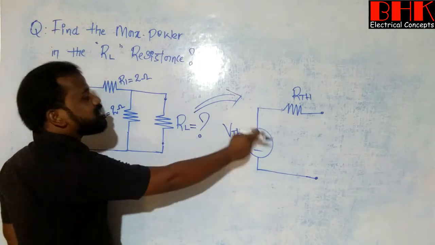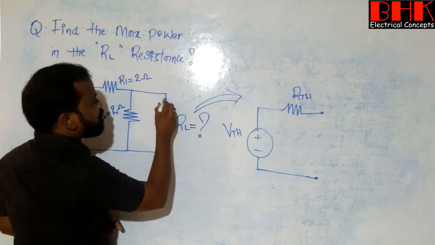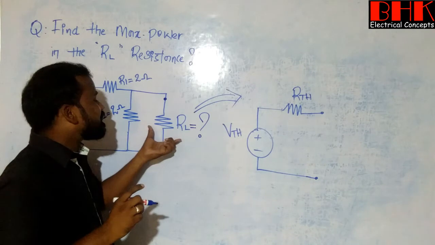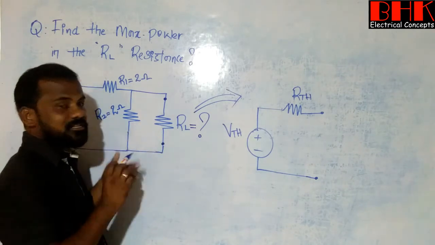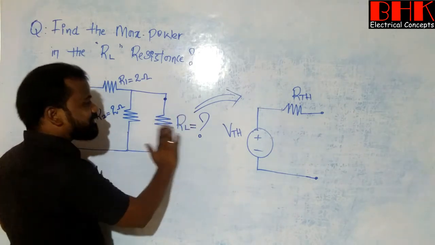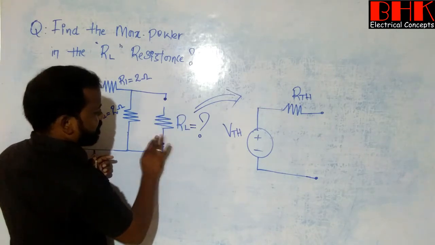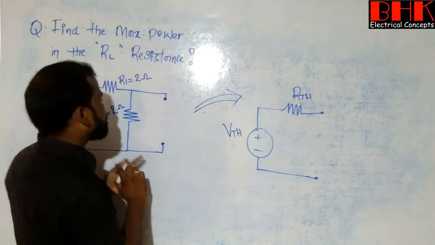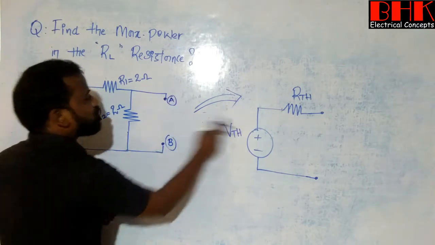But to convert to this equivalent circuit, we need to do one thing. First, we need to identify the load resistance in the given circuit and disconnect that load resistance from the actual circuit. If I remove this load resistance from the circuit, then it is a two terminal open network that looks like the same circuit.